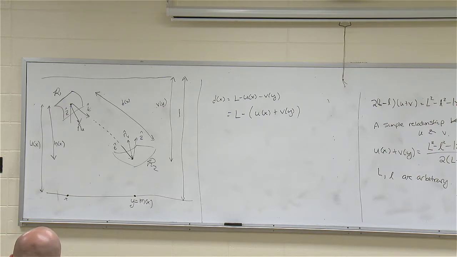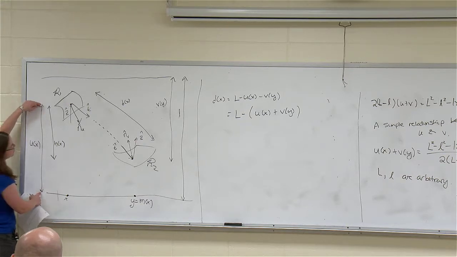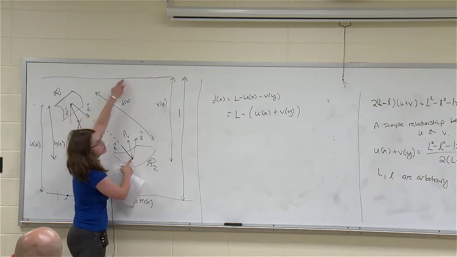Okay, now what's u plus phi? We've got a convenient diagram to help us out here. So that's this distance from the source plane to u plus this distance from v to my target plane.